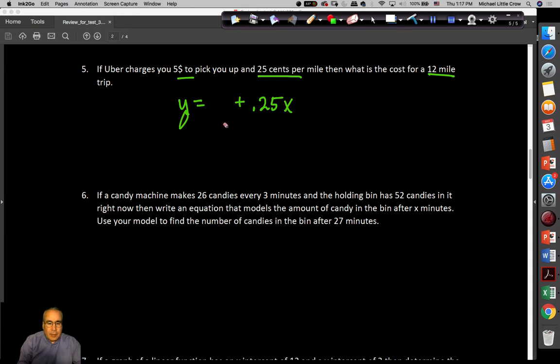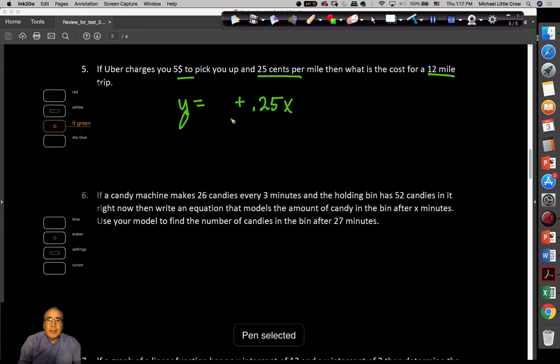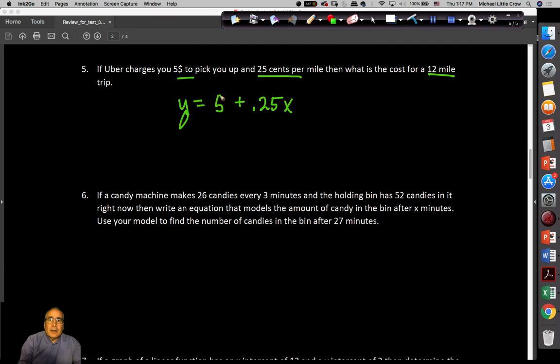I like to look at my 5. There we go. And we're going to go 12 miles, so that means x equals 12. So we plug that in for x, and we now have y equals 5 plus 0.25 times 12.